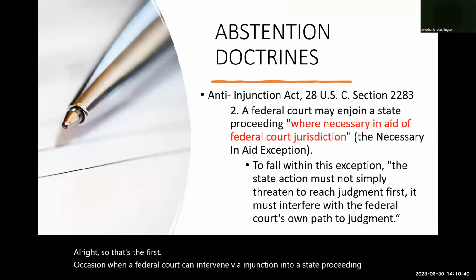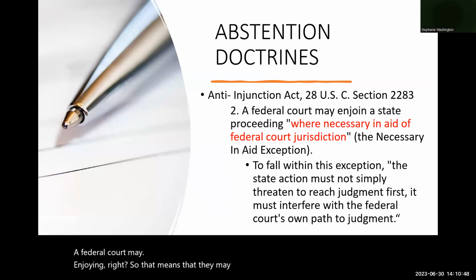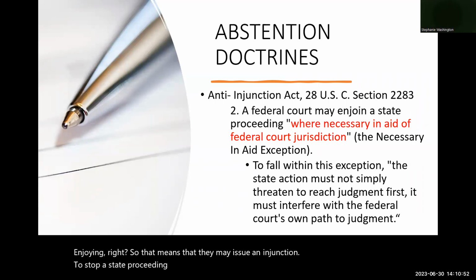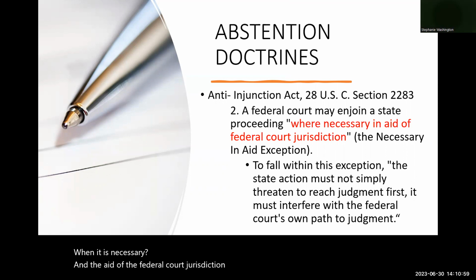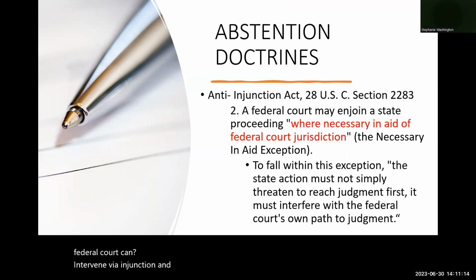The second, a federal court may enjoin, right? So that means that they may issue an injunction to stop a state proceeding when it is necessary in aid of the federal court's jurisdiction. So when's the first time the federal court can issue an injunction? When Congress expressly authorizes it. When's the second time the federal court can intervene via injunction into a state proceeding?